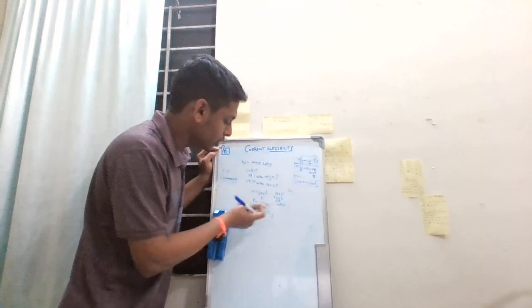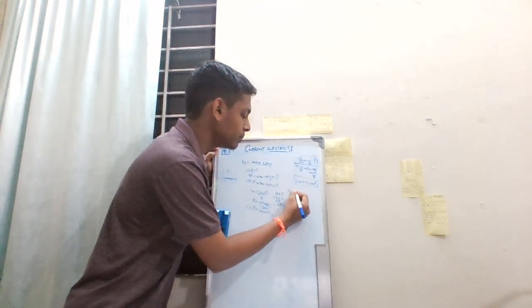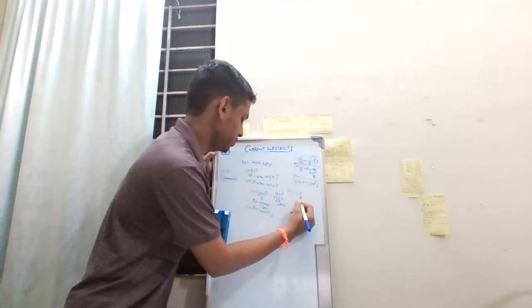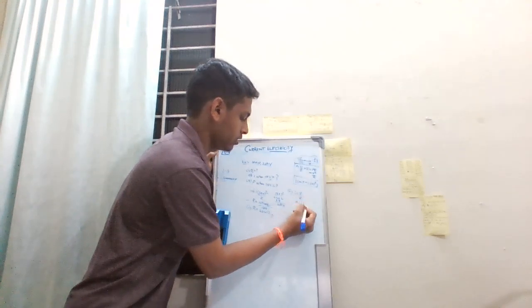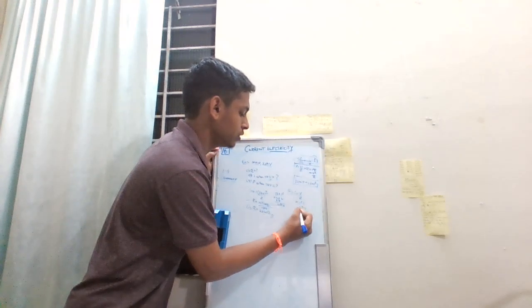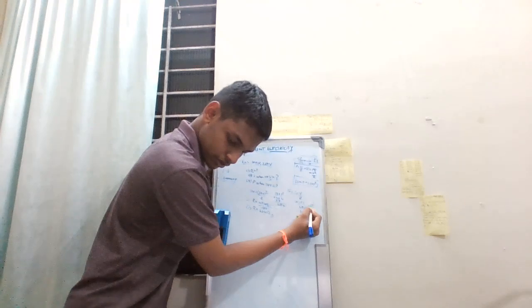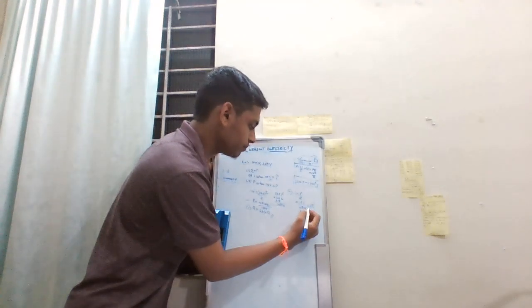But we already know resistance, so we can use I equals V by R. V equals 110, and then we have 484. 11 fours are 44, 11 fours are 44.